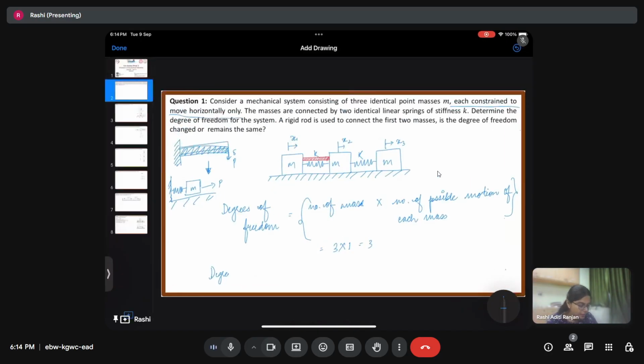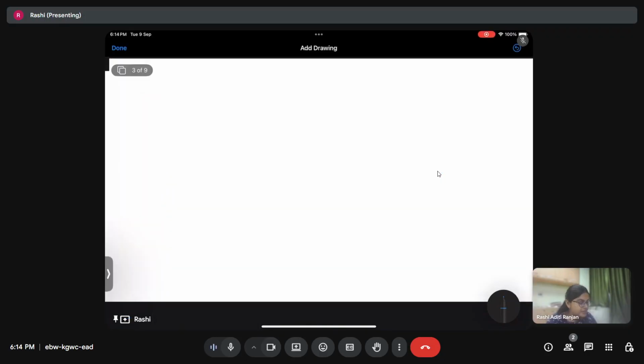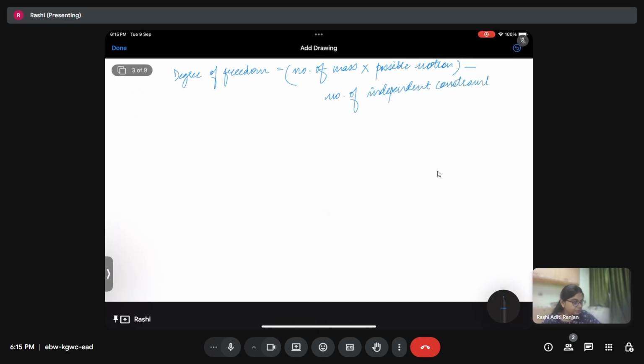I'll add one more slide which says that degree of freedom is equal to number of masses into possible motion, minus number of independent constraints.